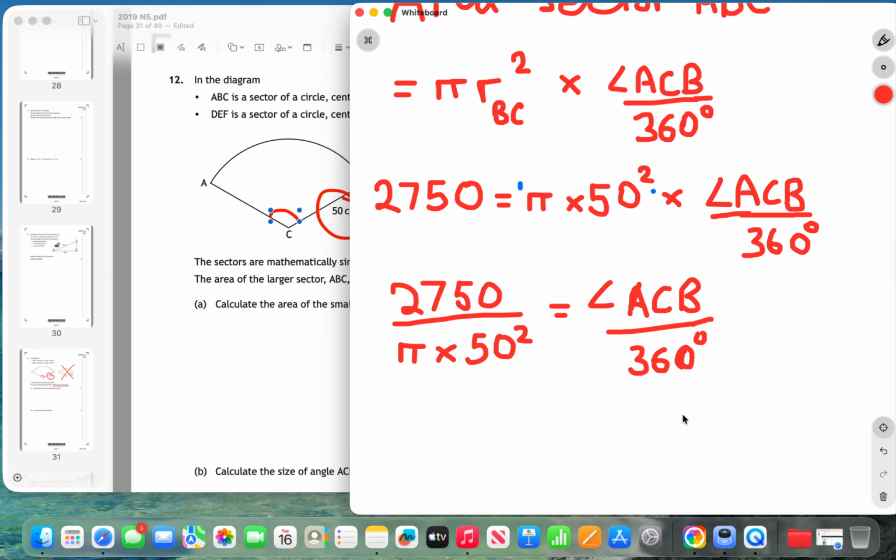And the last thing we have to do is we have the 360 on the bottom of the fraction. So if we multiply both sides by 360, we then cancel out the 360 on the bottom, and we're left with ACB. I will write ACB on the left hand side.